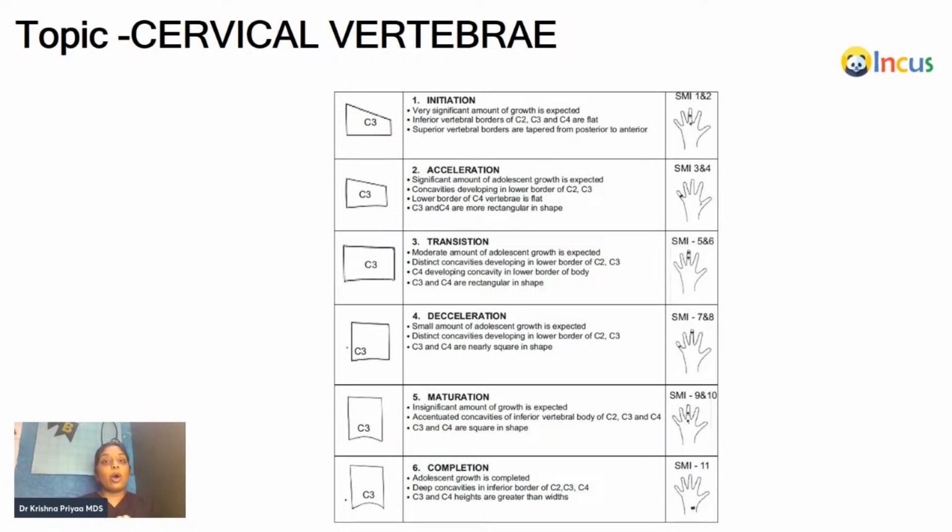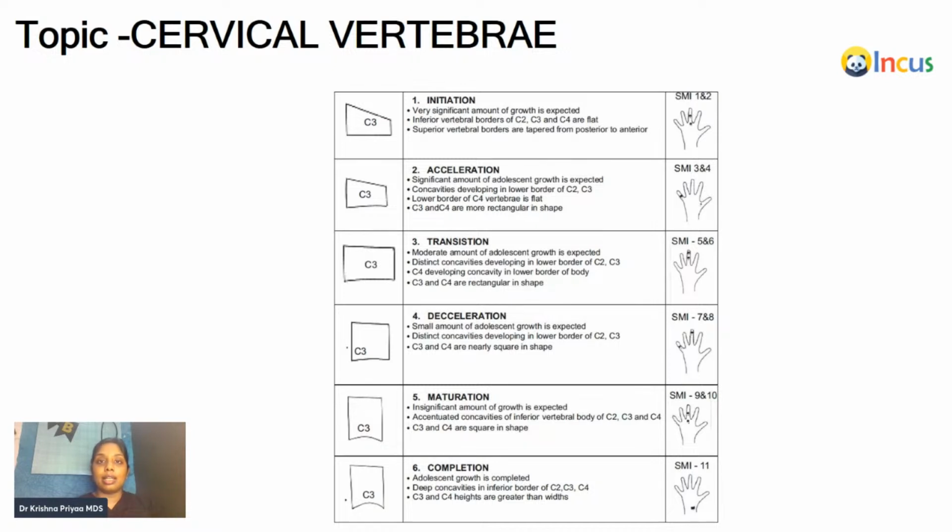Since we all know maxillary growth completes earlier, when the patient is in CVMI stage 1 or 2, we'll go for maxillary protraction using a face mask. So usually class 3 corrections can be done in CVMI stage 1 and 2. When it comes to the mandible, in class 2 condition, we need growth potential for the mandible to come forward.